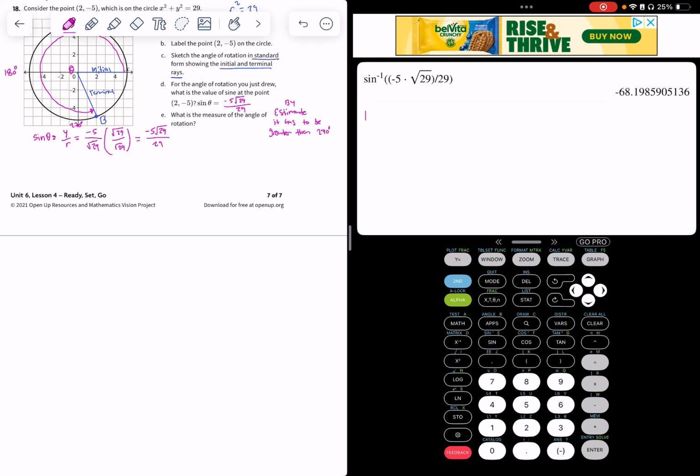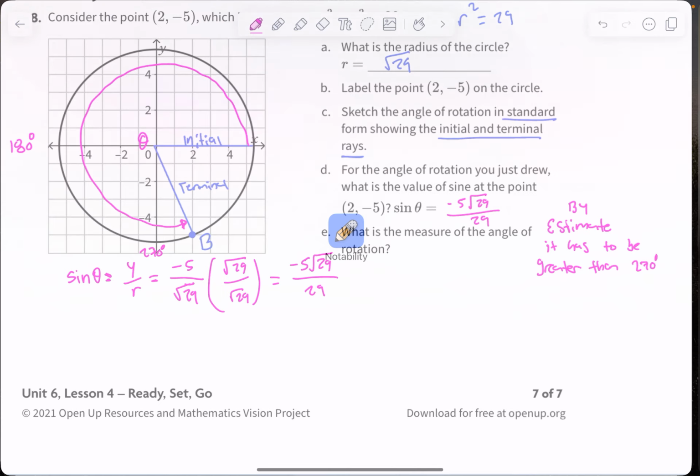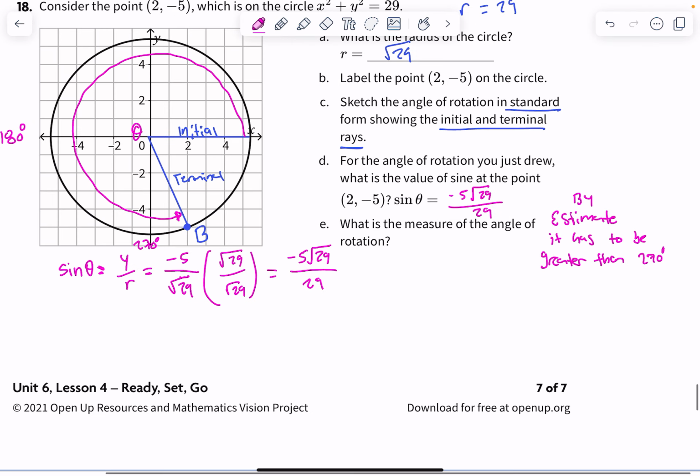So that's negative 68. Once you have that negative 68, how should I make it positive? Think about a coterminal angle. To get it to become a positive angle, I add my 360 degrees, which is 291.8 degrees.